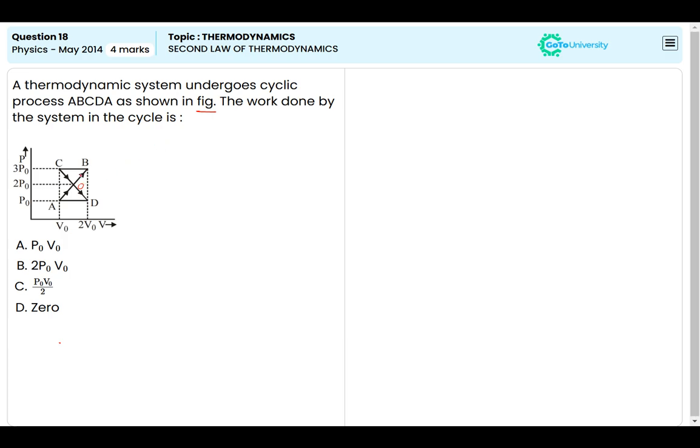Okay. Then we can write this as the area under the curve, that is, work done W for BCOB.